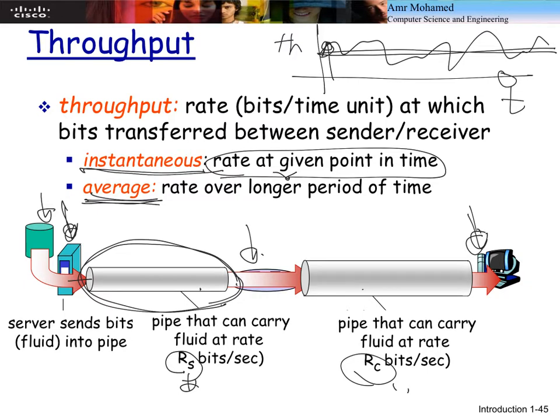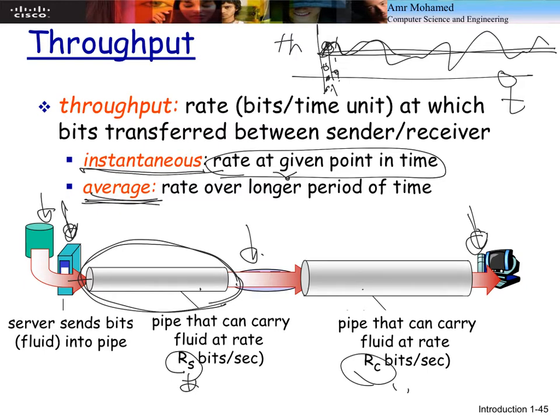So you calculate the amount of bits transferred from 0 to 0.1, and then you divide this by 0.1, which means you multiply by 10, and then you put this value here. And then you go another 0.1 second, you calculate the amount of bits, and so on. So this way you can connect these dots and form this curve.